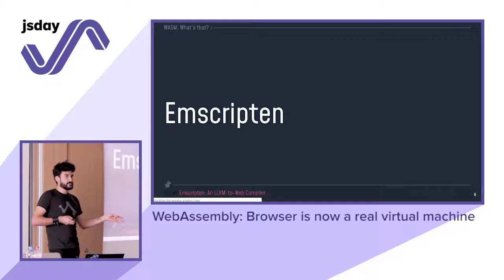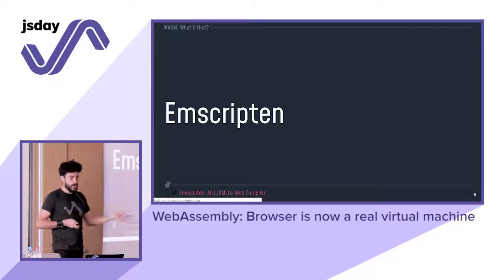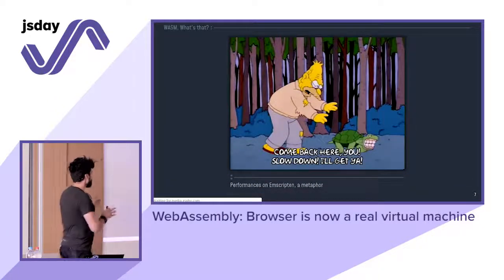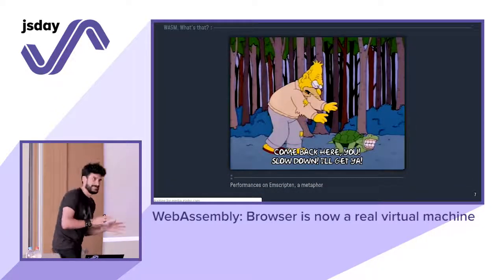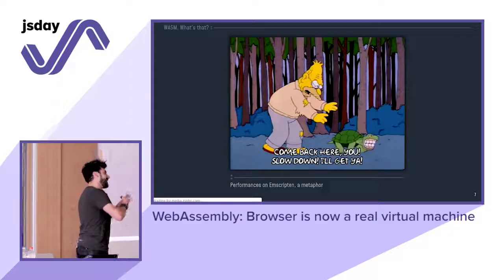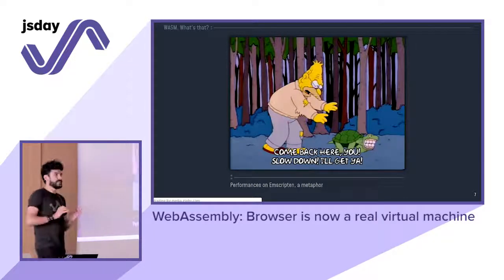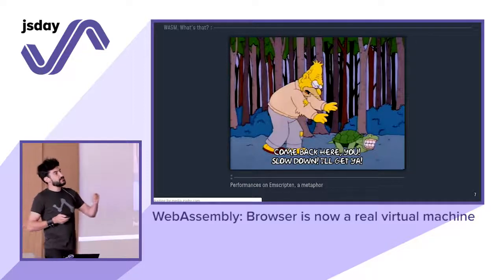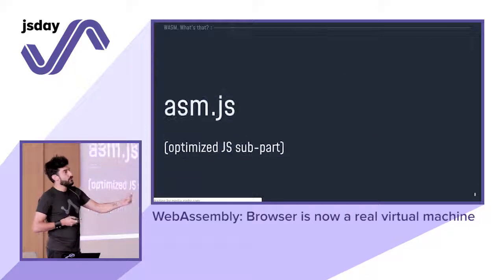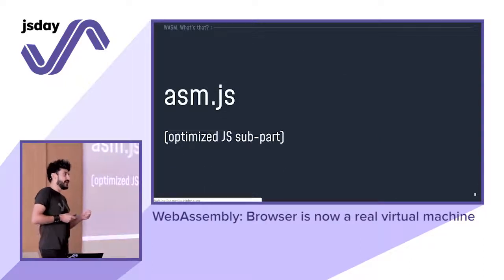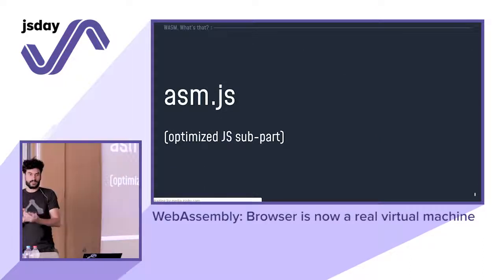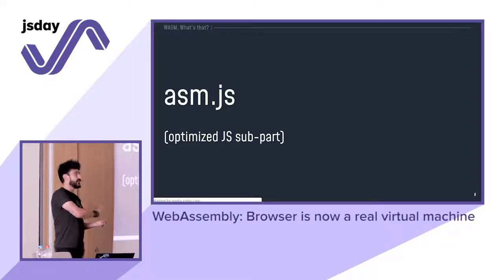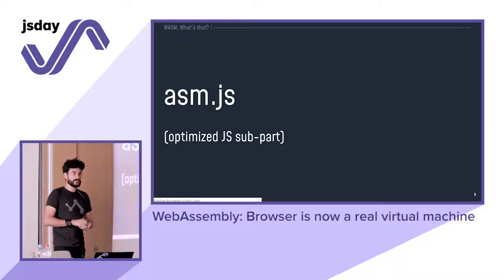And it worked. It was really slow, but it worked. So not that efficient, but it proved that we can do it. So it led us to another experiment, which was asm.js. asm.js is a subset of JavaScript that can be optimized to make our JavaScript faster in our web browser.